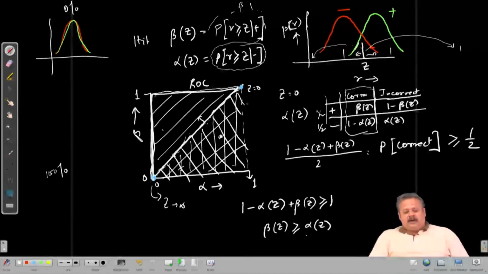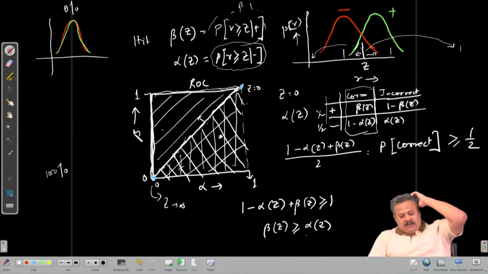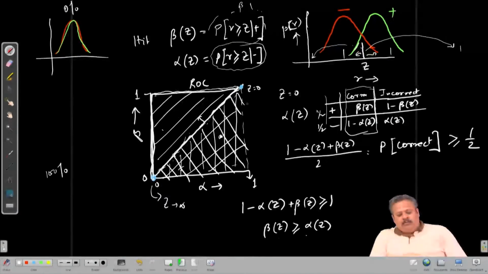So, here is the idea that maybe the area under the curve could be a measure of the percentage correct.